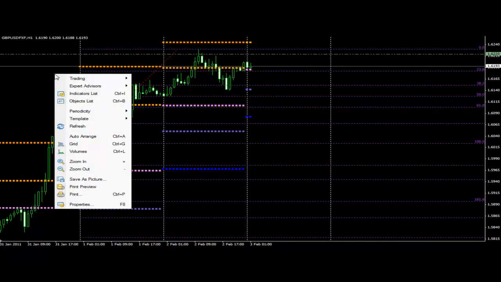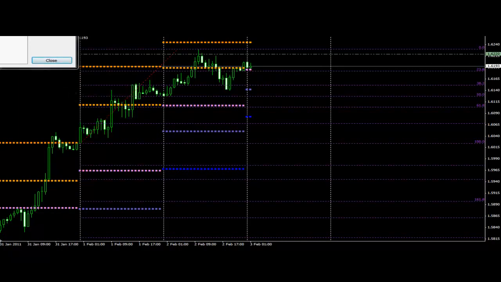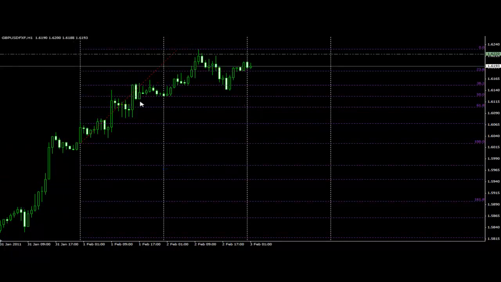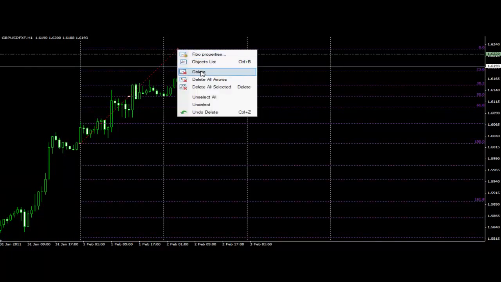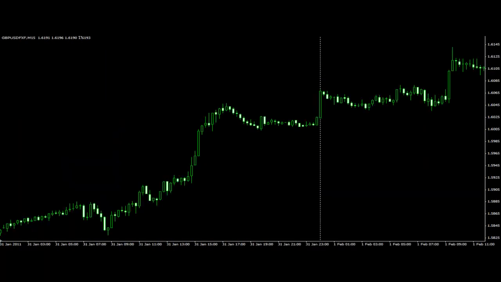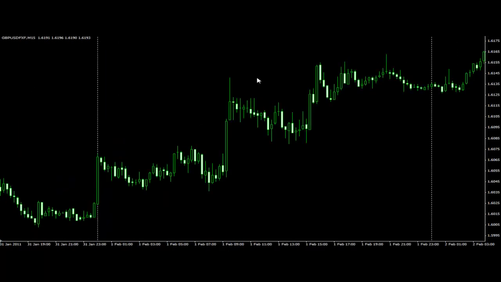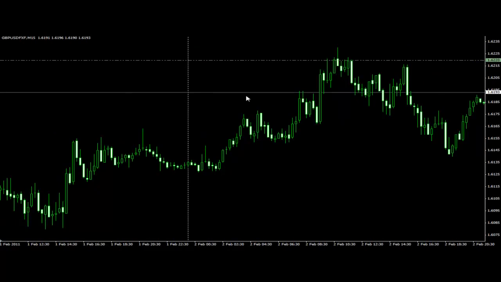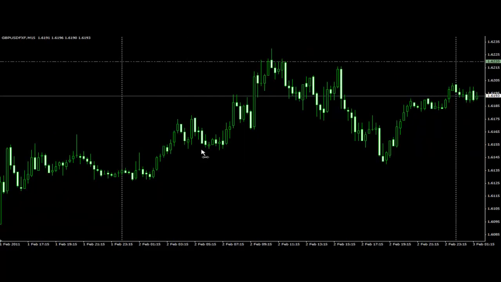So just to recap, we have an opportunity to find an intraday swing that is predetermined every single day, and it's based on the London close.